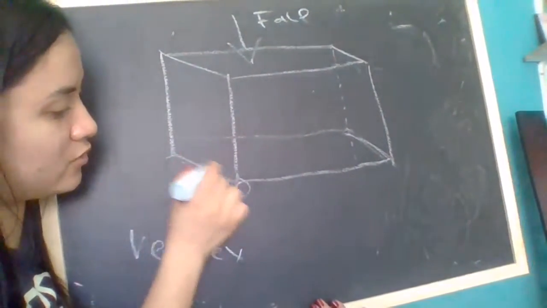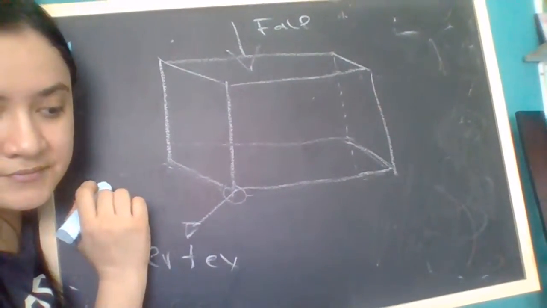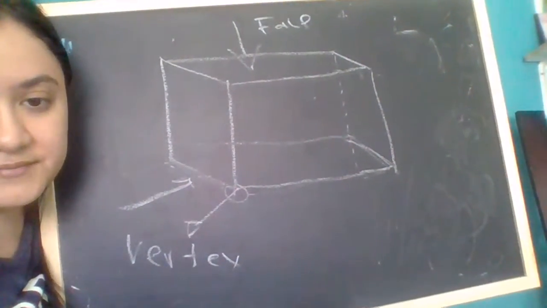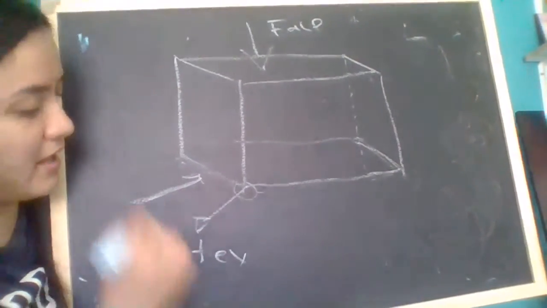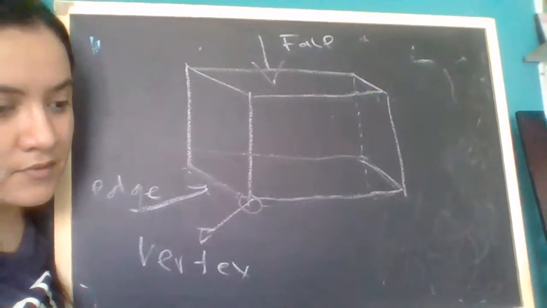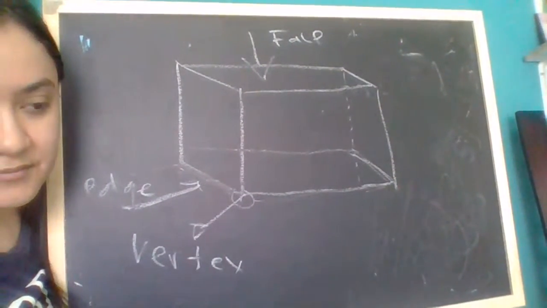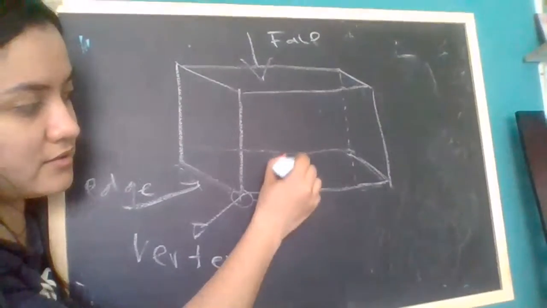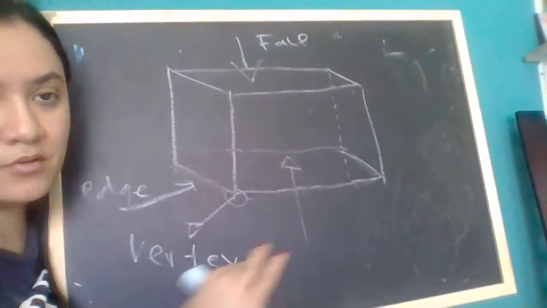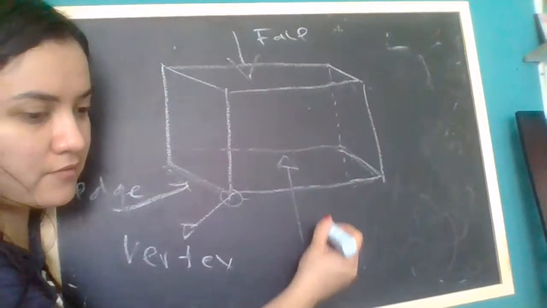Now, these lines over here are called edges. Very good. Now what are we missing? What is in the bottom? The base. Very good.